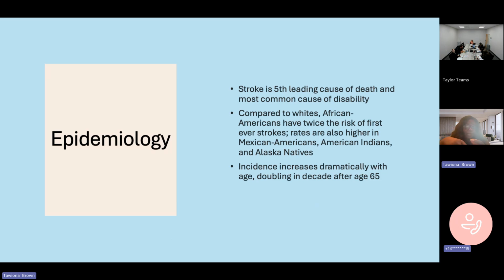Epidemiology wise, compared with white people, Black people have twice the risk of having a first ever stroke. And then the rates are still even higher in Mexican Americans, Native Americans, and Alaskan Natives. And your predisposition to having a stroke increases dramatically with age, and that chance or potential doubles after the age of 65.